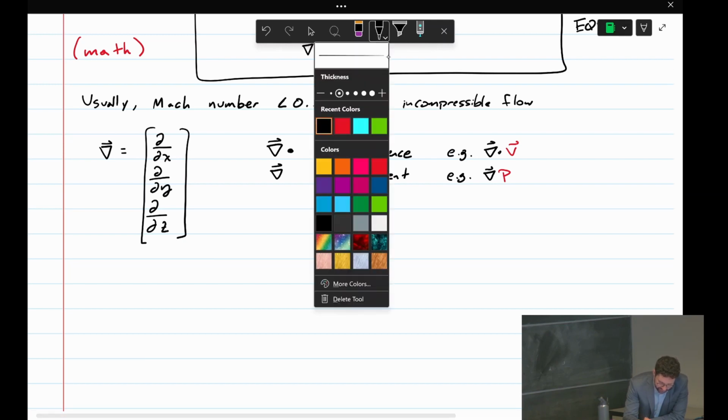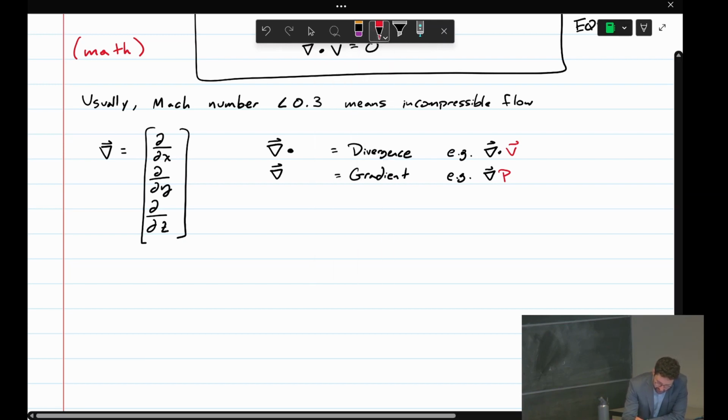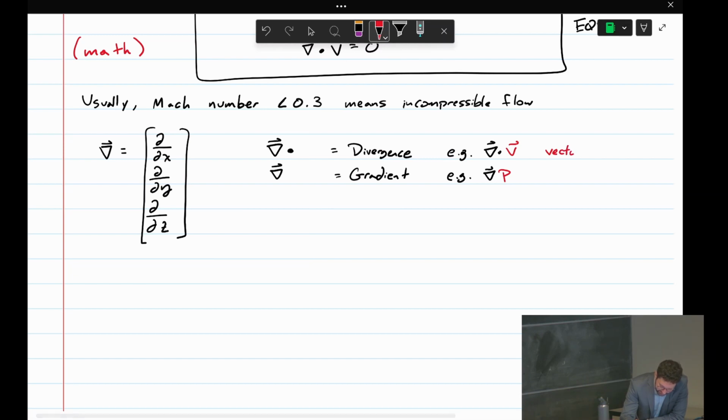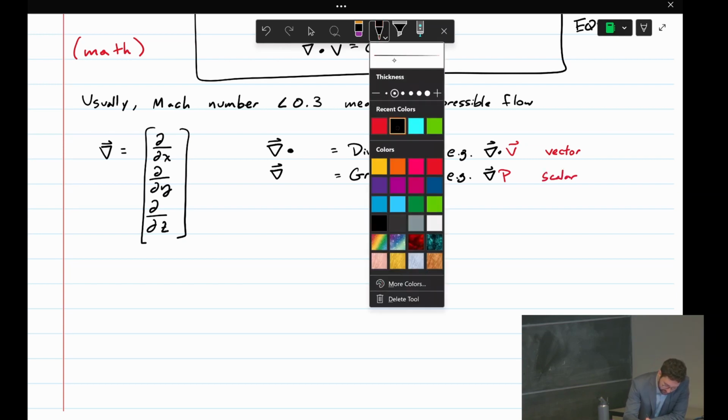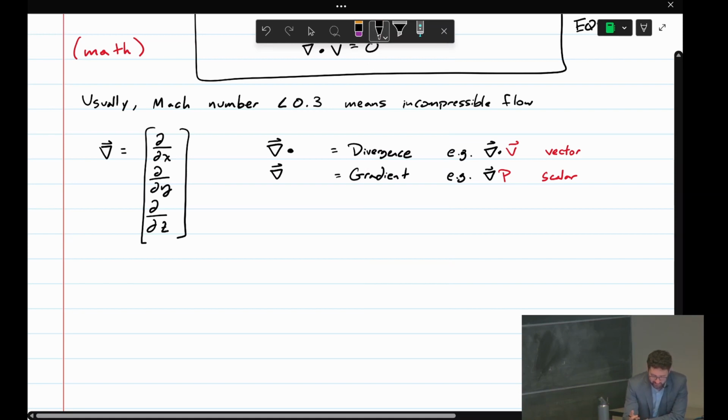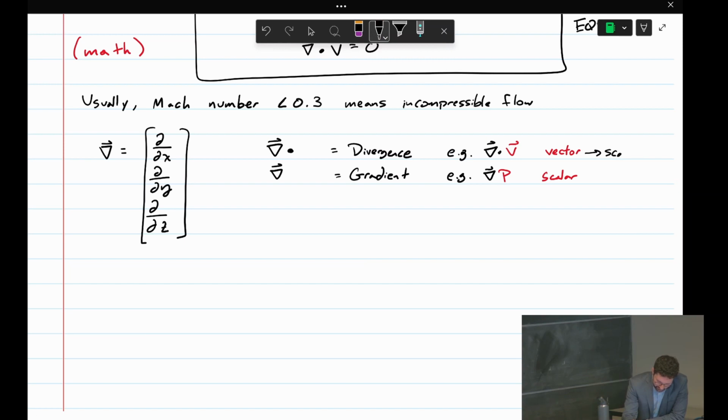So the divergence operator takes a vector and returns a scalar. The gradient operator takes a scalar and returns a vector.